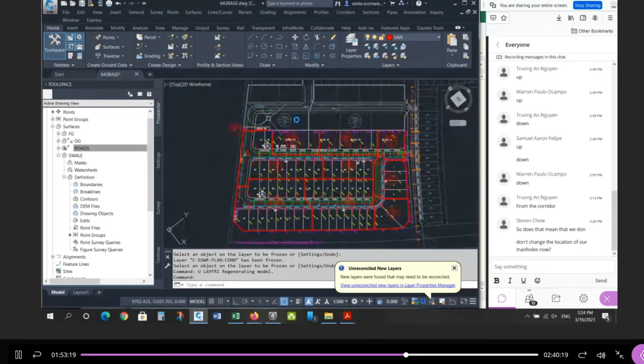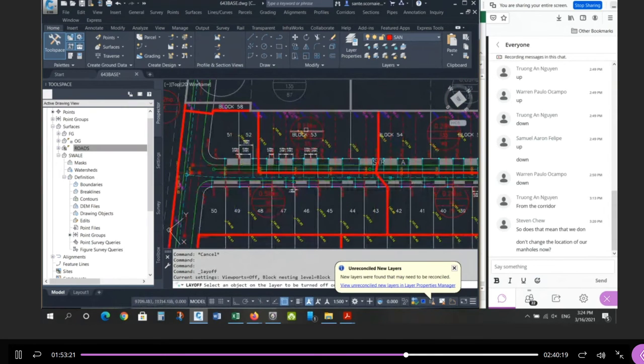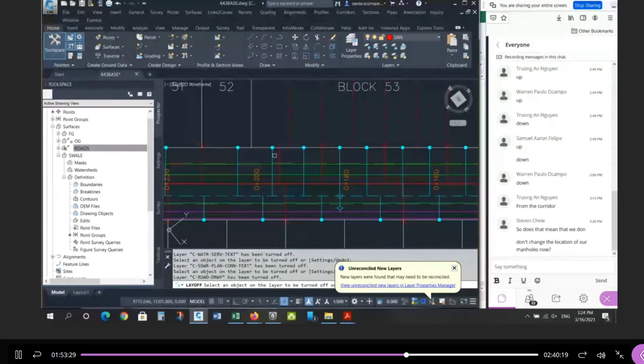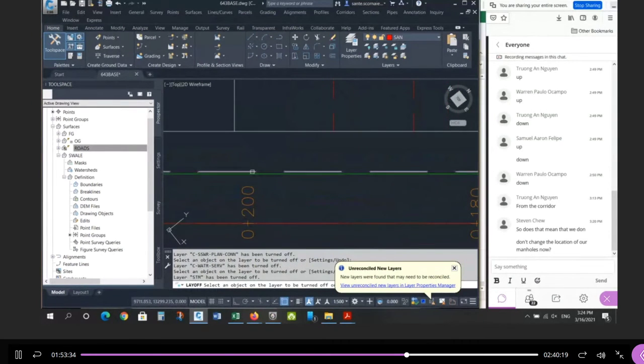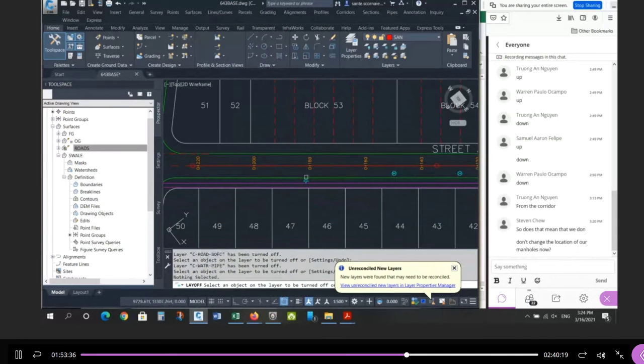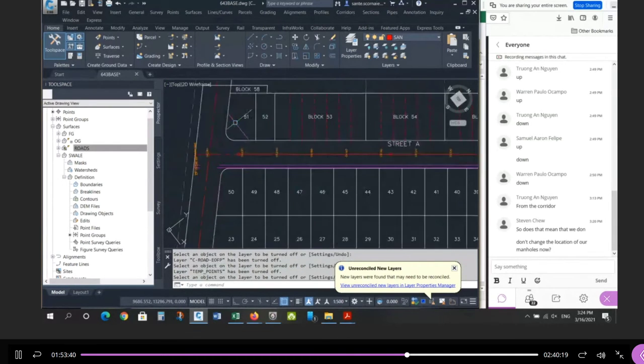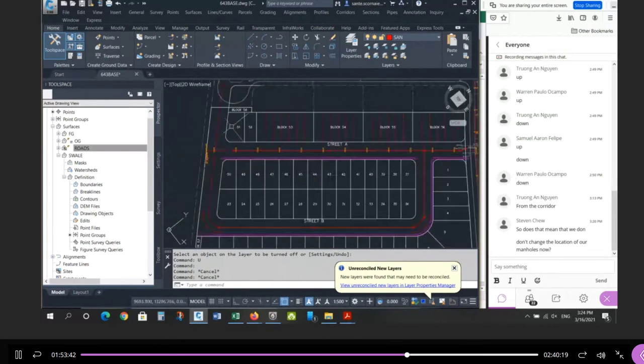Hang on a second. I'm going to turn it off. Whoops, turned off the sanitary. Oh no, the sanitary sewer is there.